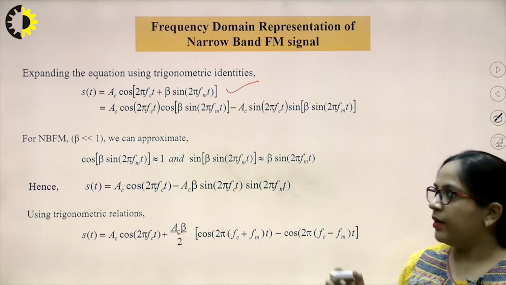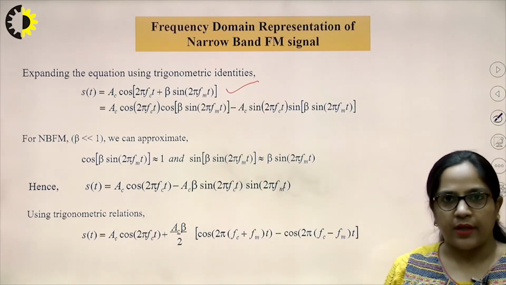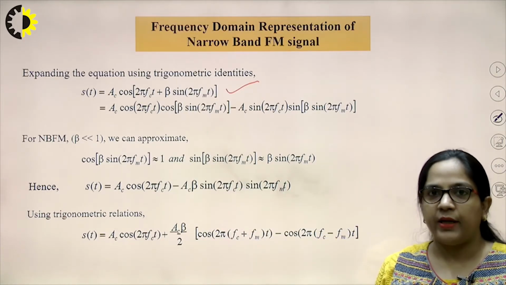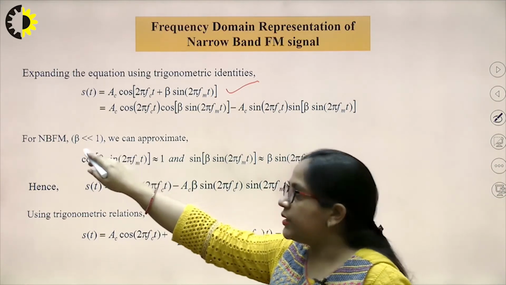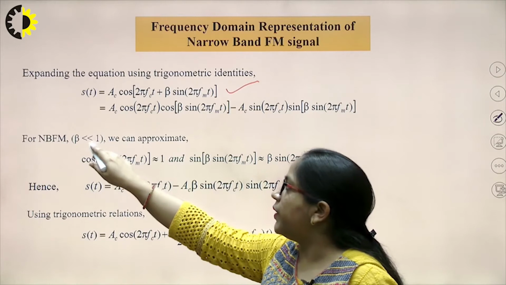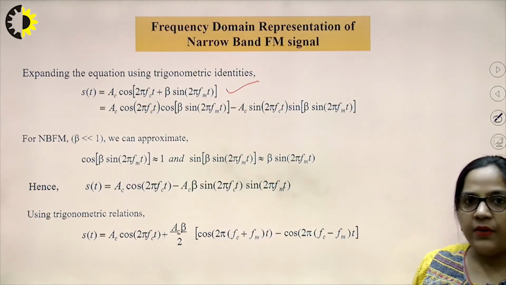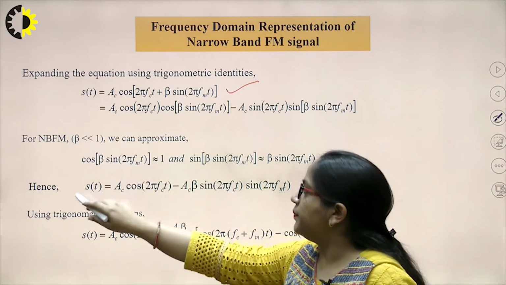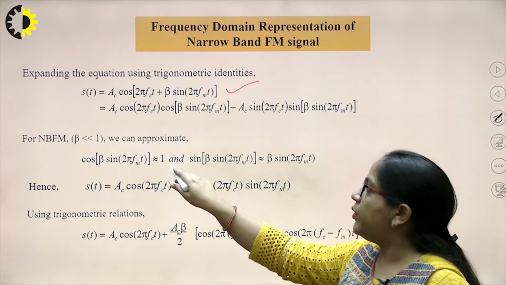Here, as we are obtaining the expression for narrowband FM, the condition for narrowband FM is that beta should be much lesser than 1. So considering for the NBFM waveform beta much lesser than 1, we can approximate the above expression, with cos(beta sin 2 pi fm t) approximately equal to 1.